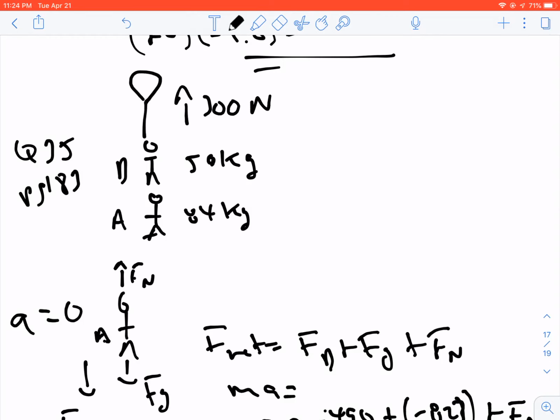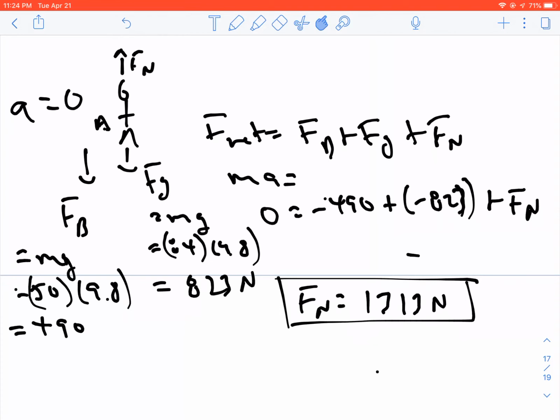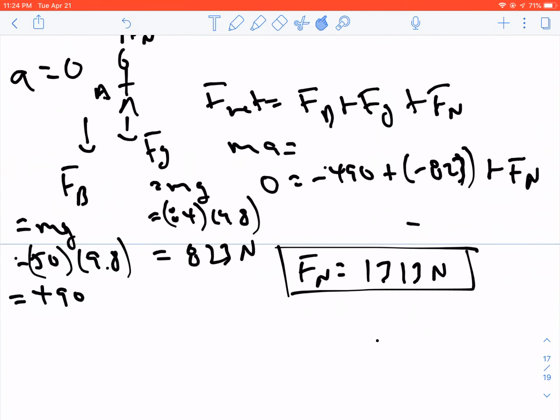So, if I look at what the forces are acting on person A down here, almost everything has changed. It's the same here. Fg is the same. The mg for person B is the same, but the force of B is not just mg anymore.